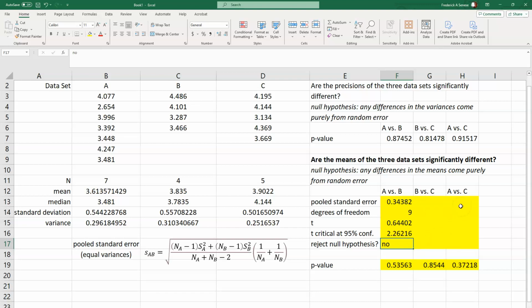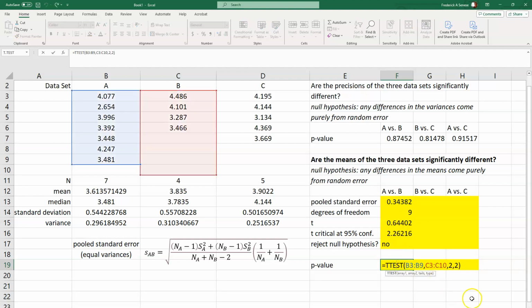Now, I could go and do B versus C and A versus C the same way. It would be the exact same process, and I should come to the same conclusion I came down here. Now, if you just want to do a t-test and you don't need the pooled standard error to build a confidence interval or anything with a pooled data set, then all you have to do is do it the easy way down here with the t-test function.